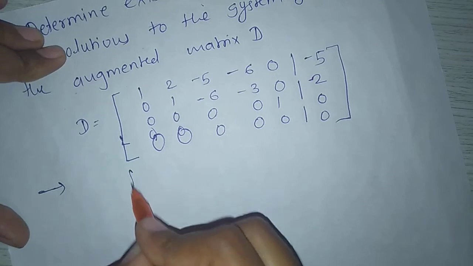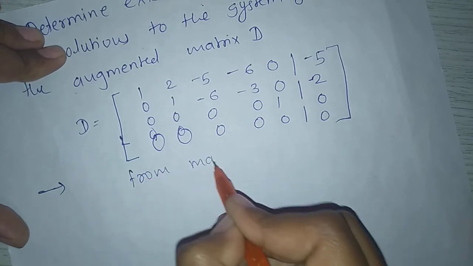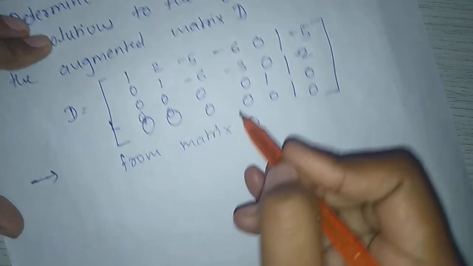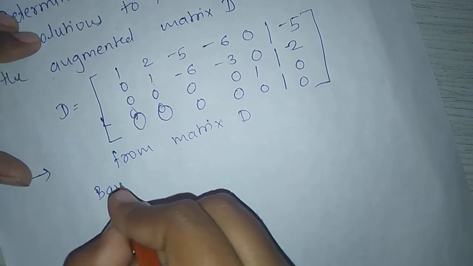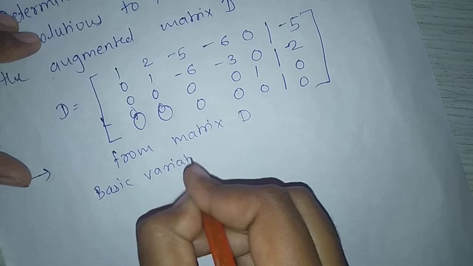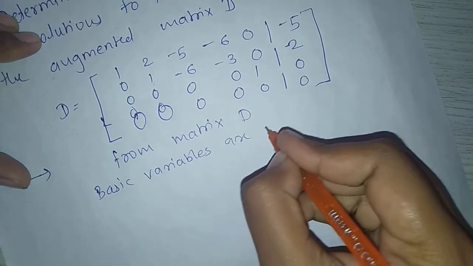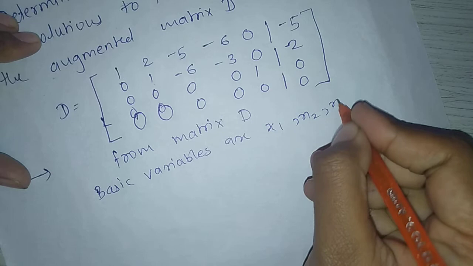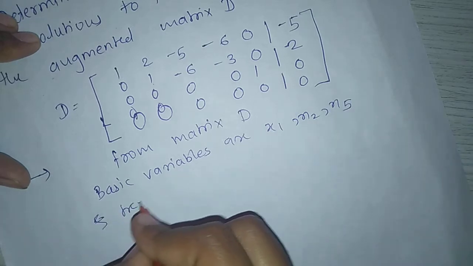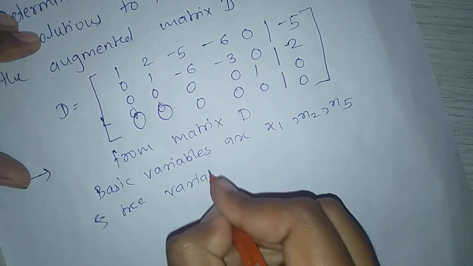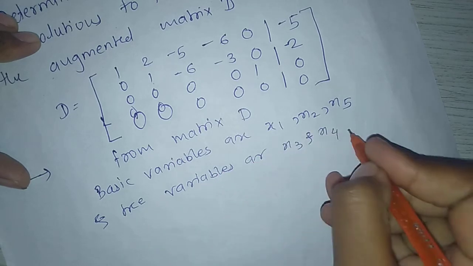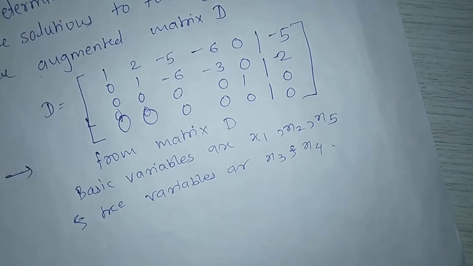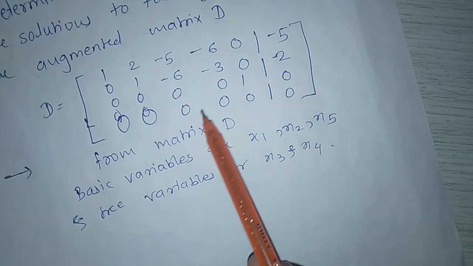Here, from matrix D, the basic variables are x1, x2 and x5, and the free variables are x3 and x4, because the pivot element does not occur in the columns x3 and x4.